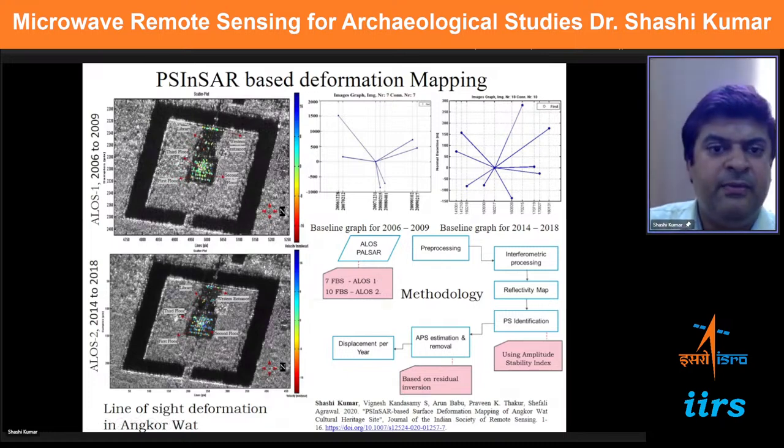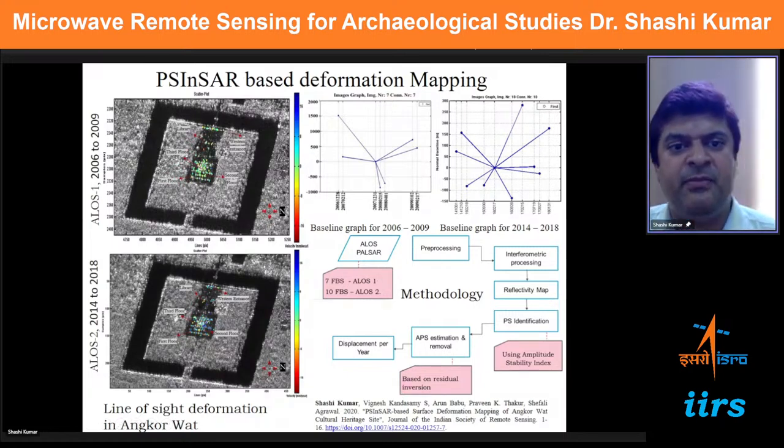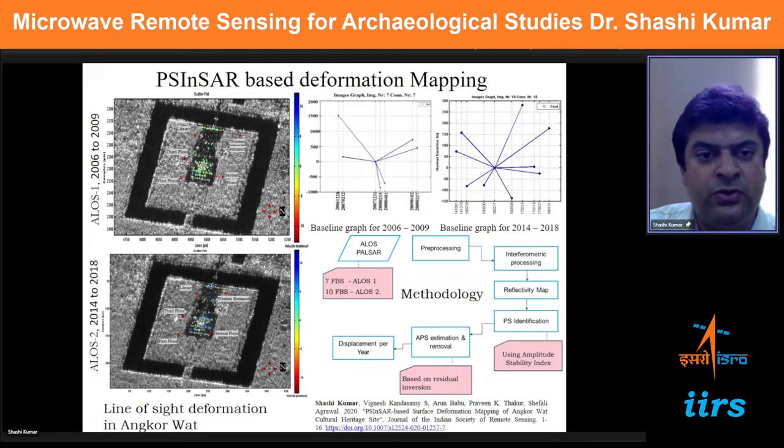Now, we implemented persistent SAR interferometry because this area is facing huge tourism. Several lakh of tourists visit this place every year. The requirement of any tourist, from the hotel industry, will be water.